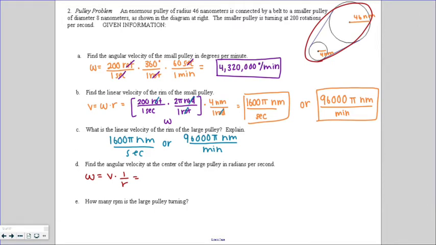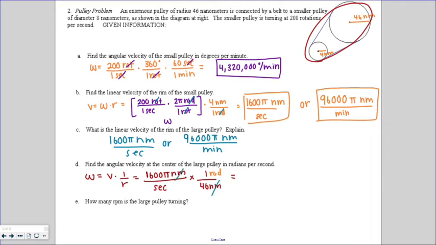All right, so our linear velocity is, take your pick, one of the two options from C. I'm going to go with the seconds. 1,600 pi nanometers per second times 1 over the radius of the large pulley, which was 46. Remember, when we're working with the radius, the radian unit kind of comes and goes.